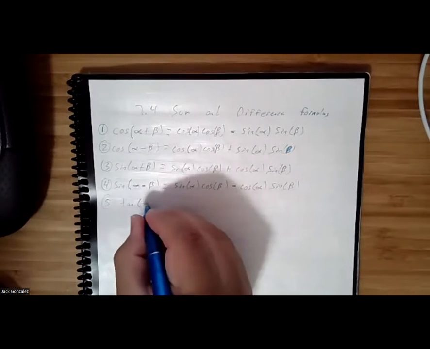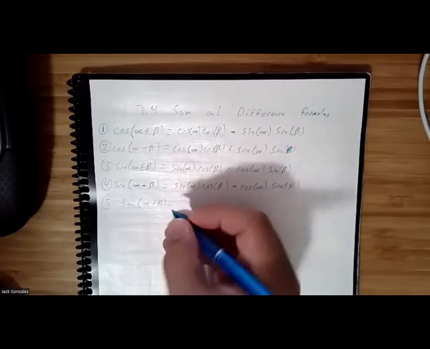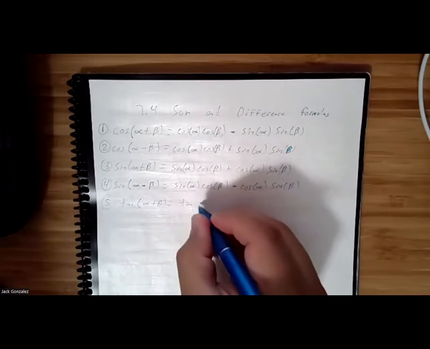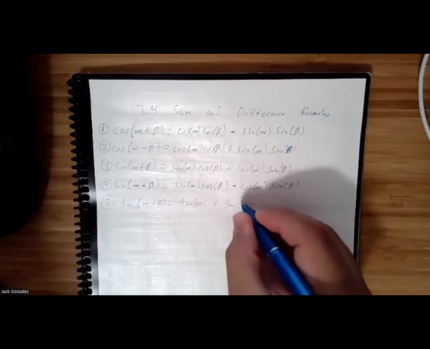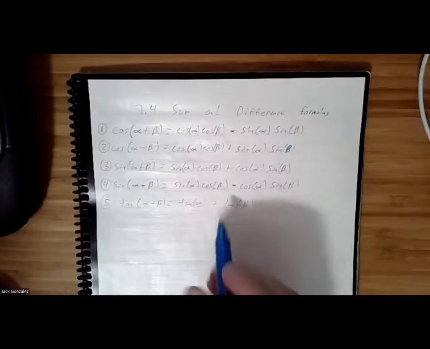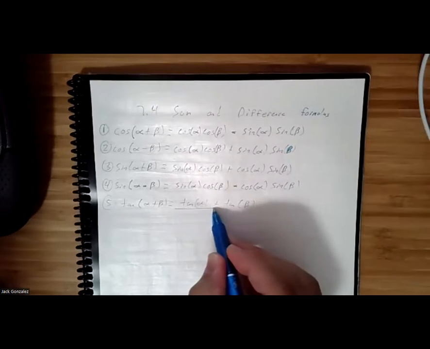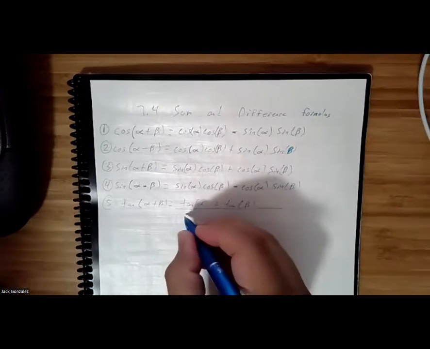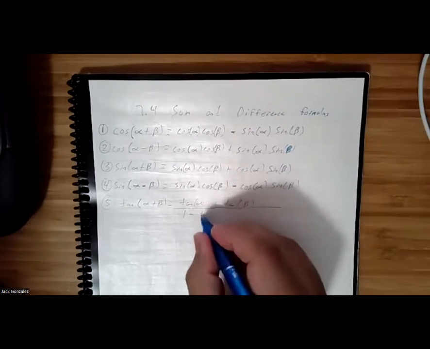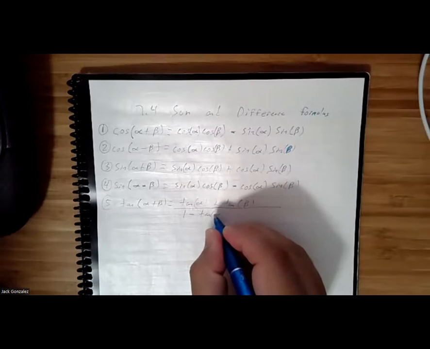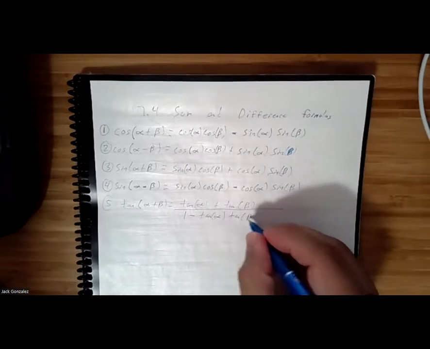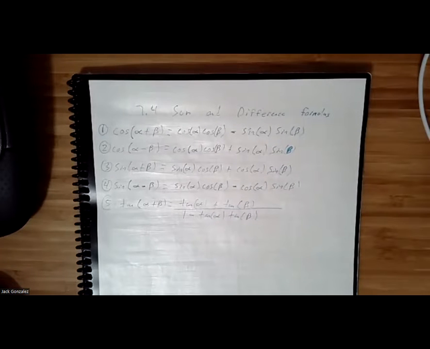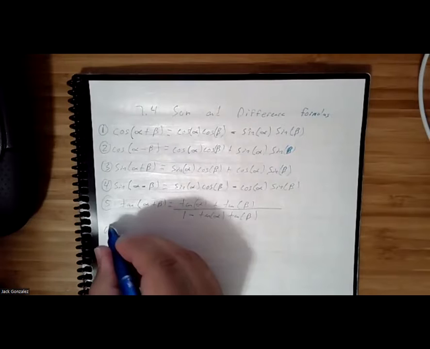You get tangent of alpha plus beta, which gives you tangent alpha plus tangent beta over one minus tangent alpha tangent beta. So all you have to do is switch the signs to get the other one.